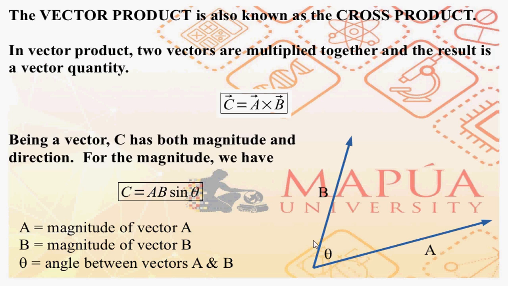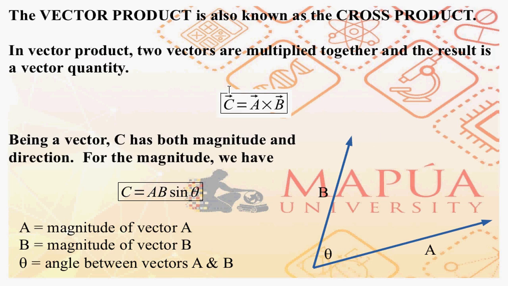Let vector A be this vector and vector B be this vector. Draw them such that their tails are connected together. You'll be able to see the angle between A and B, the angle difference between the orientation of A and the orientation of B. Angle theta.